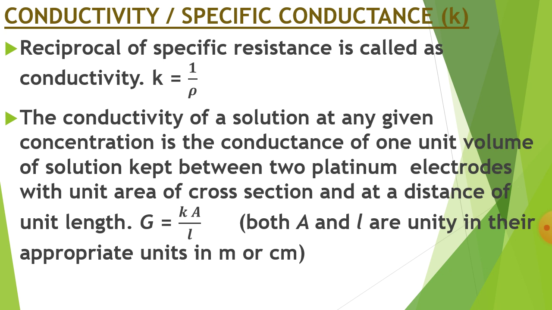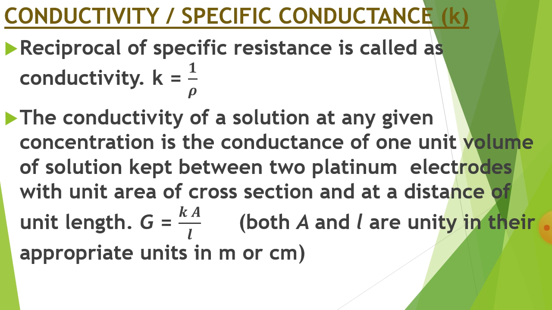It may also be defined as follows: the conductivity of a solution at any given concentration is the conductance of 1 unit volume of solution kept between two platinum electrodes with unit area of cross section and at a distance of unit length, that is, G equals κA by L. Both A, the area of cross section, and the length are unity in their appropriate units, in meter or centimeter.